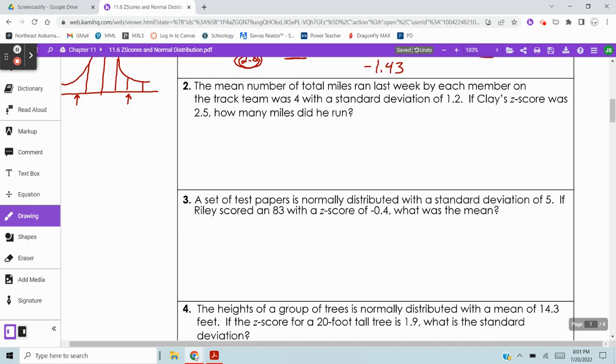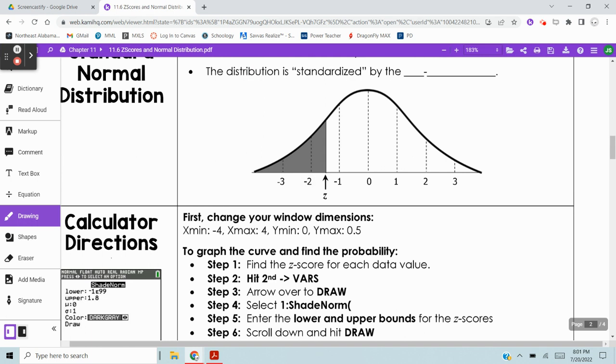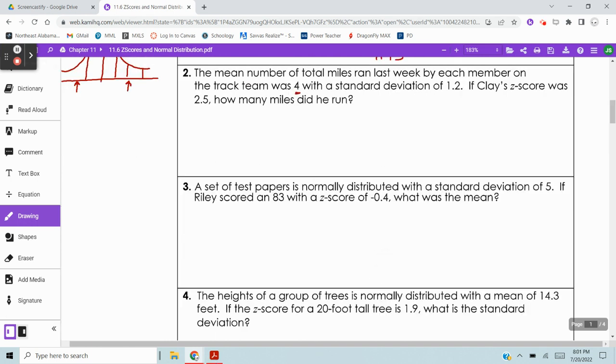Number 2 says the mean of the total miles run by each member of a track team was 4. I'm going to underline that. That's important information. The standard deviation is 1.2. If Clay's z-score was 2.5, how many miles did he run?